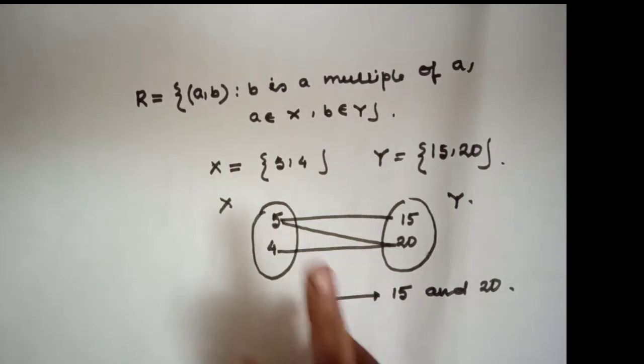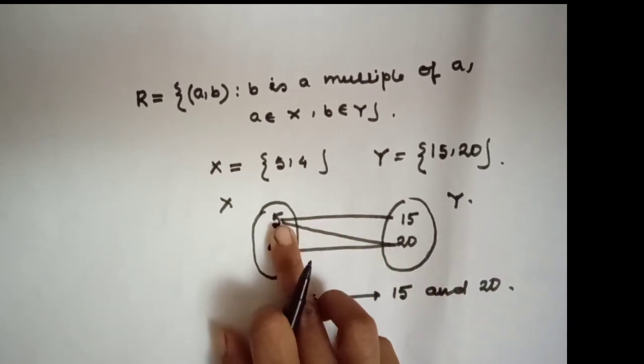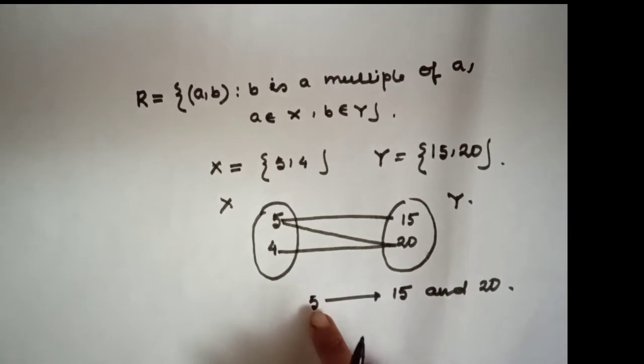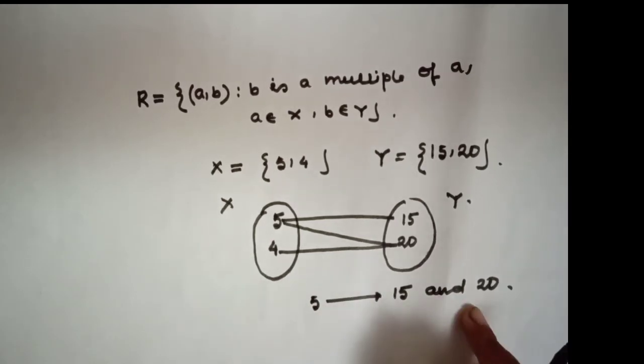Here is one element, but the image of 5 is both 15 and 20.